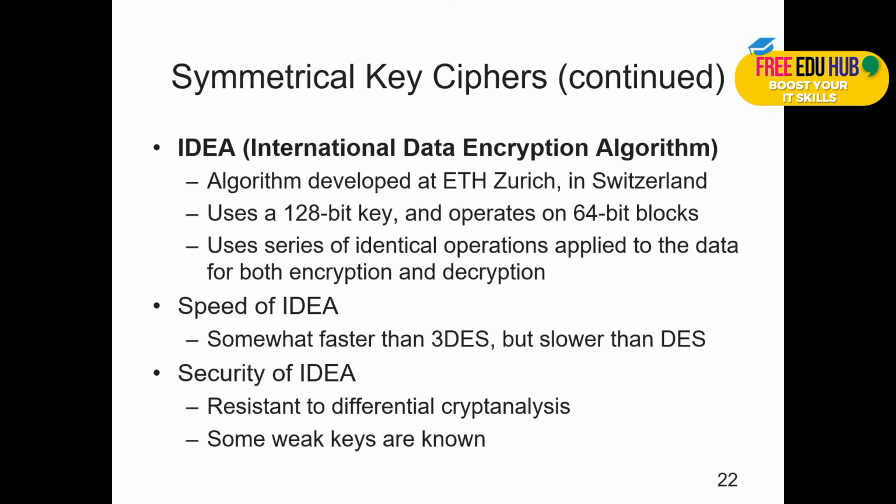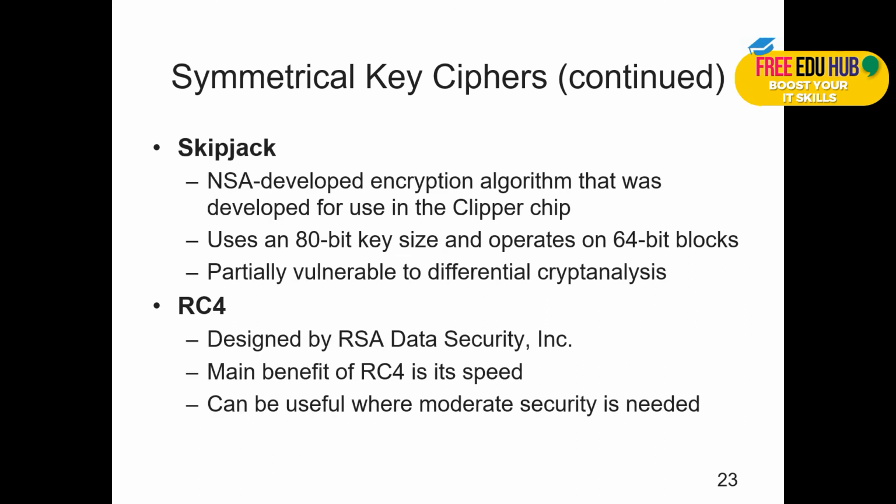The security of IDEA is resistant to different cryptanalysis, and some weak keys are known. Now for the symmetric key, we have Skipjack, an encryption algorithm developed and used in the Clipper chip. It uses an 80-bit key to operate on 64-bit blocks and is partially vulnerable to different cryptanalysis.